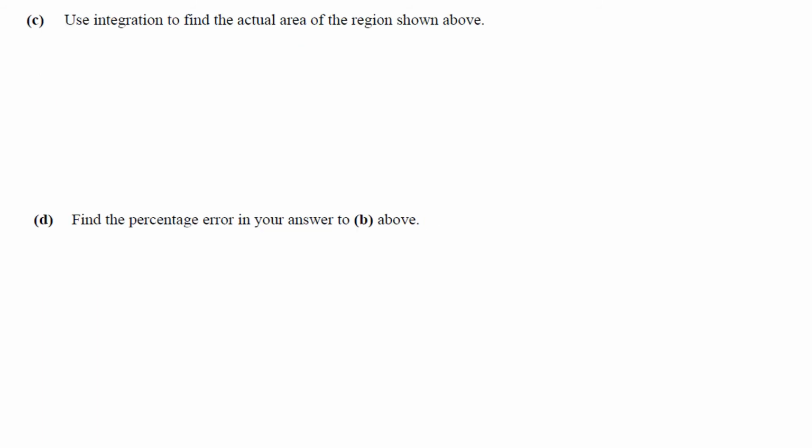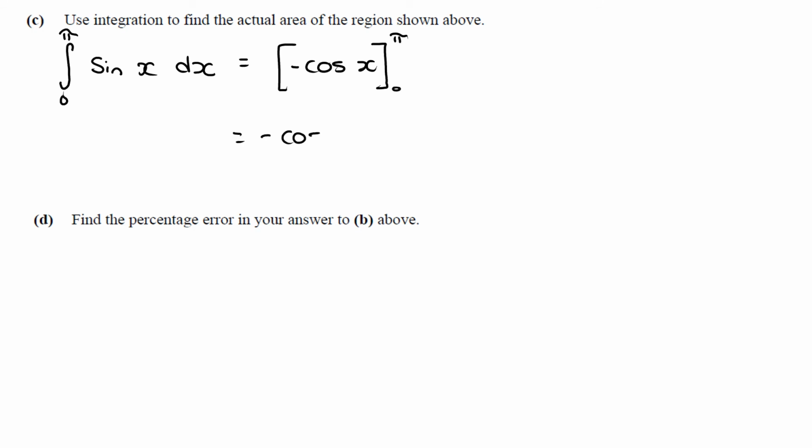The next part of this question asks us to use integration to find the actual area. So for integration, we're going to integrate between 0 and pi the function sine of x. So we're doing dx. And what that gives us, sine integrates to minus cos of x, so nice and straightforward. And we're doing it between pi and 0, which is minus cos of pi minus cos of 0.